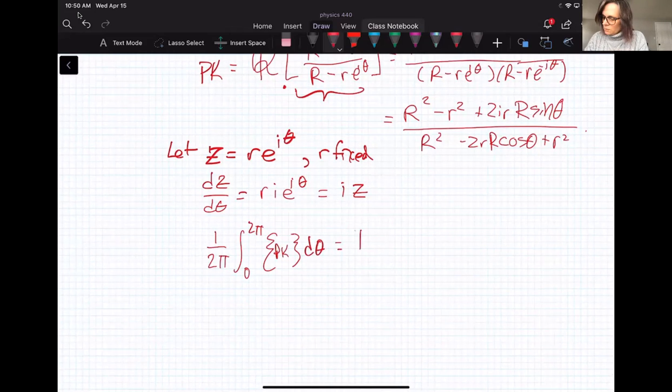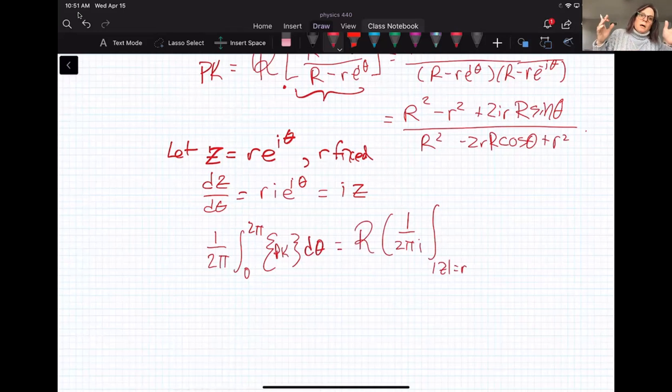And that's equal to the real part of 1 over 2 pi i times the integral now for the absolute value of z equal to r, right? So remember in our way of expressing complex numbers in polar coordinates, that gives us the length. And now we're left with R plus z over R minus z, dz over z.